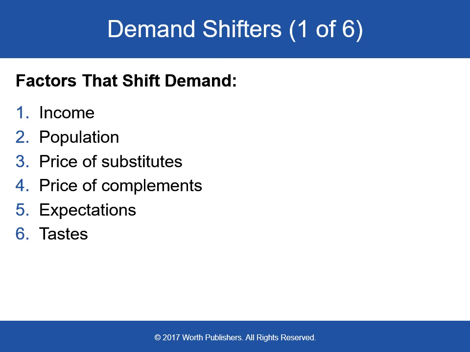That's what expectations means. And the number six thing is tastes. If the demand curve is the demand curve for oil and suddenly people decide they don't want to fly anymore, for whatever reason, we'd call that a change in taste. It's just like people have less desire to consume air travel. That will affect the demand curve.